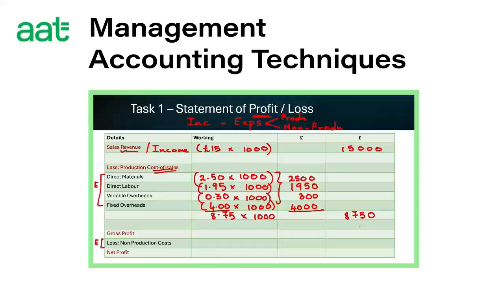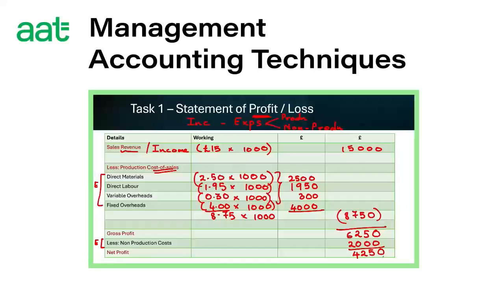8,750. Now, gross profit, of course, will be my production cost taken off from revenue, which comes to 6,250. And then take away all my non-production costs of 2,000. That gives me my operating or net profit of 4,250.